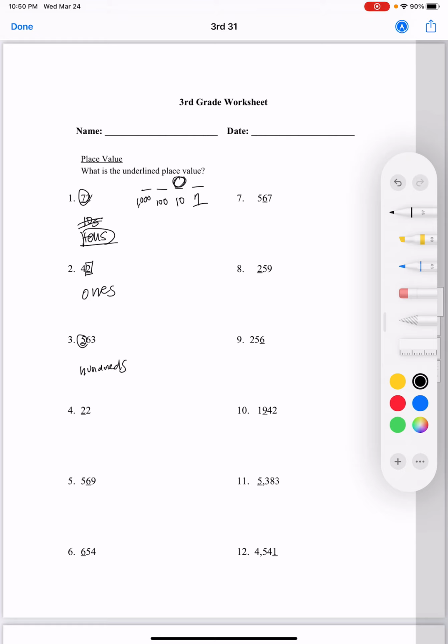Then let's find the thousands. Number 11, the 5 is in the fourth place from the right, so it is in the thousands. Okay, that one should be pretty easy.